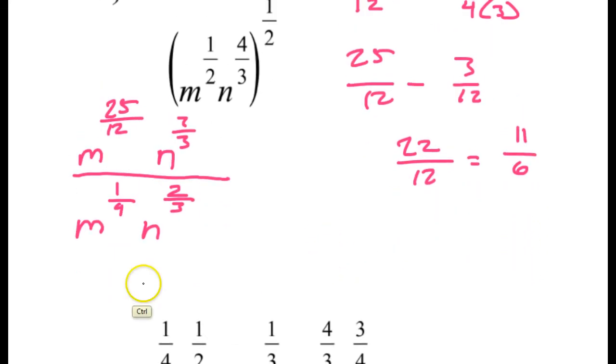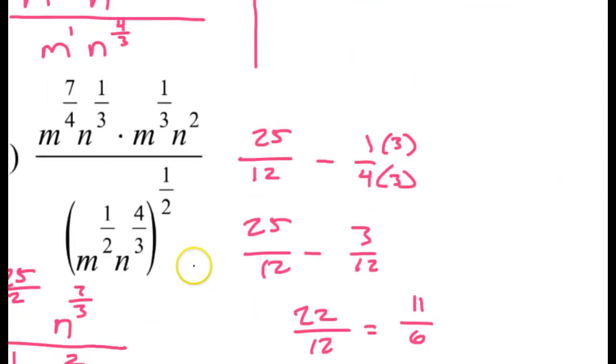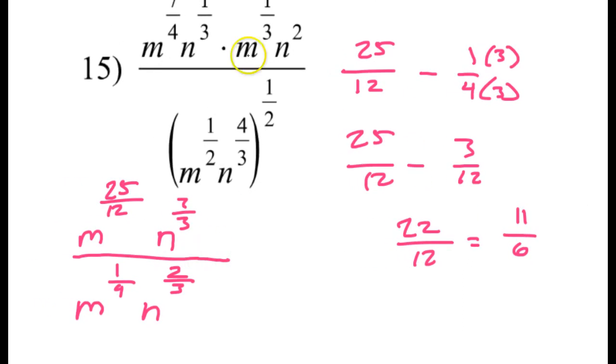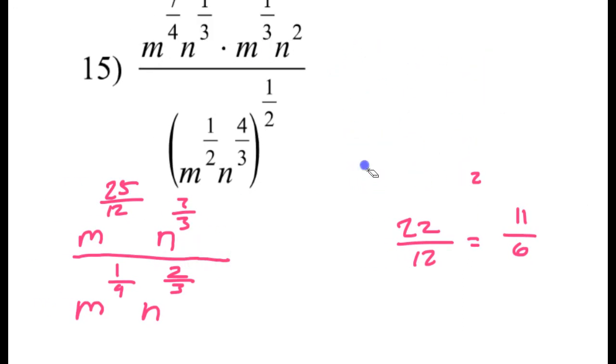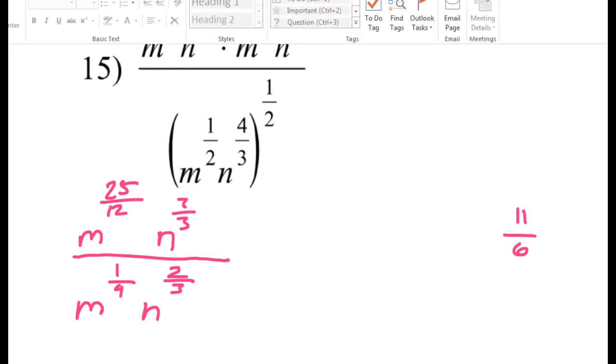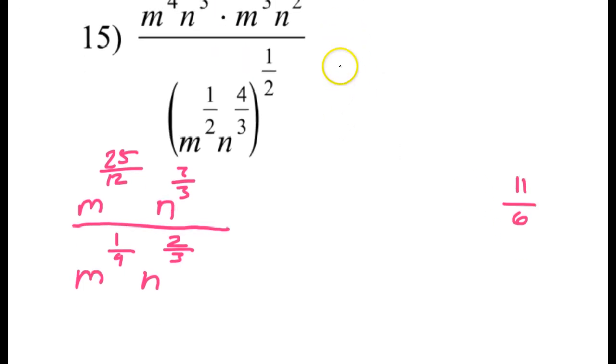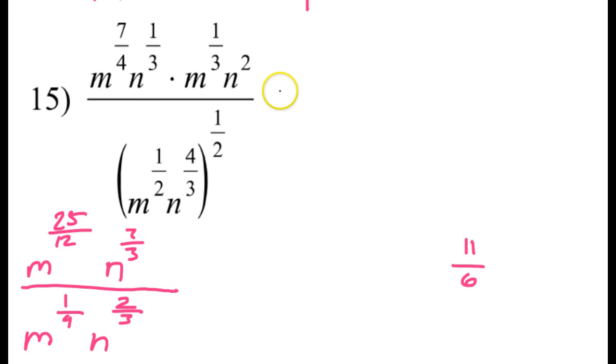Okay, so I think I can squeeze this in down here. Maybe I won't. I'll put it up high. Alright, remember, 11/6. So I have m to the 11/6 power.